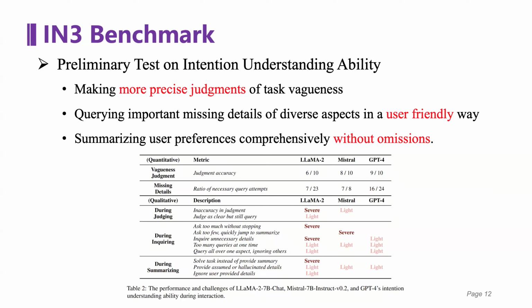And also, we want the model to summarize the user preferences comprehensively without omissions. These are the three abilities we deem most important, from these three dimensions respectively, that we want the agent to be able to do to better and more robustly interact with the user.